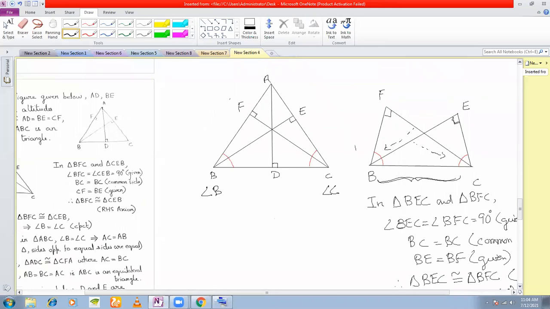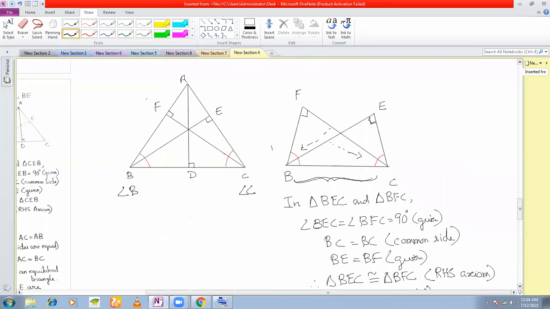If I can show any other two angles to be equal, then I can say it is an equilateral triangle. Why? Because in an equilateral triangle, all the angles are also equal. So which triangle should I identify next? Let me draw this below this.